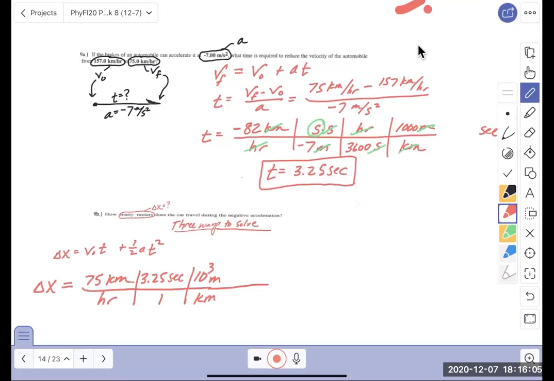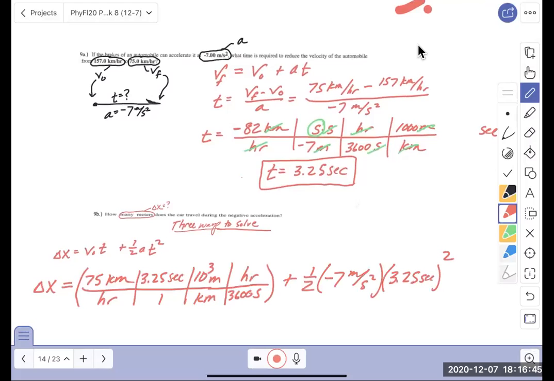Delta x can be in meters, so I've got to kill everything except the meters, and then we have 3,600 seconds in an hour. That is times t. Okay, there are my two givens, and this is the first part of the equation, plus 1/2 a, which is -7 meters per second squared. The units are okay there, times 3.25 seconds squared.